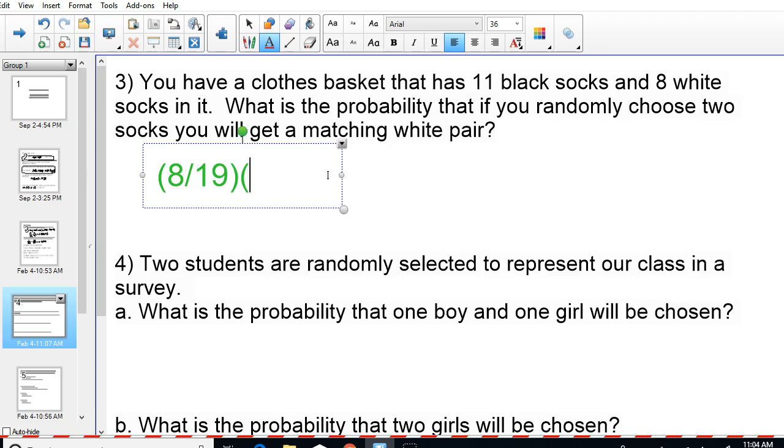Then you would multiply that by 7 because we chose one of the white socks. So there's only 7 white socks left. Out of how many socks are left in the basket? 18. Okay? And so whenever you multiply those together, you should get 0.164 for that. So if you're going to go with the random method of pairing socks, you got about a 16% chance of it working out for you.